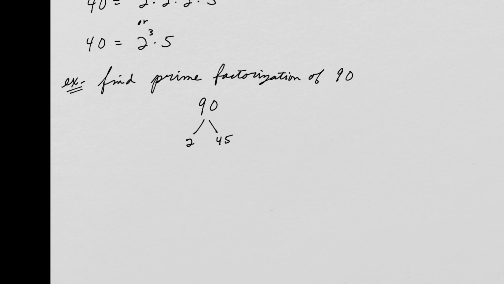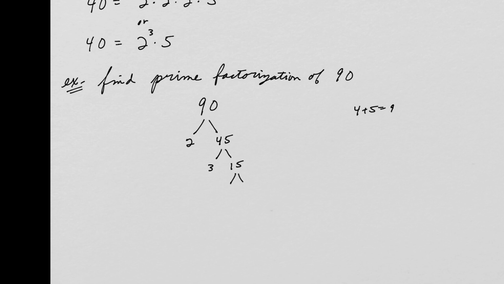Does 2 go into 45? No, right? Doesn't go in evenly. So I work my way up. Remember, the next prime number is 3. Does 3 go into 45? Well, the quick way of telling, remember, if you add the digits, 4 plus 5 is 9, and 3 goes into 9, so 3 must go into 45. And if you divide it out, it's going to be 15 times. I'm still at 3. Does 3 go into 15?